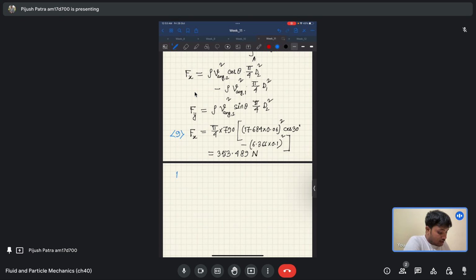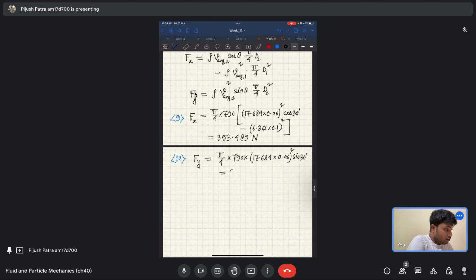In the similar case for the problem number 10, the Fy is calculated to be pi by 4 into 790 into 17.684 into 0.06 square into sin 30 degree, which will come something around 349.261 Newton.